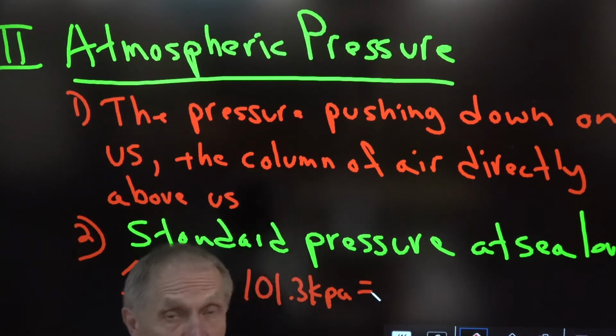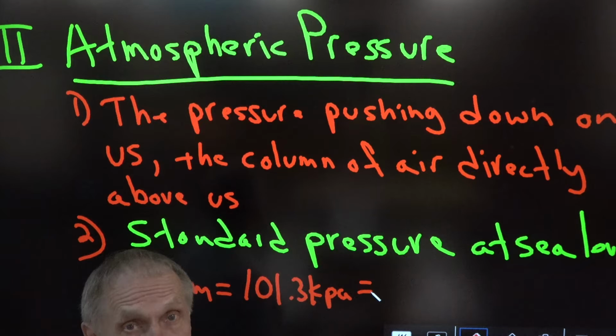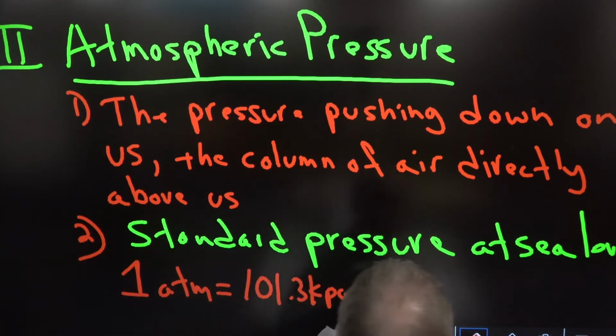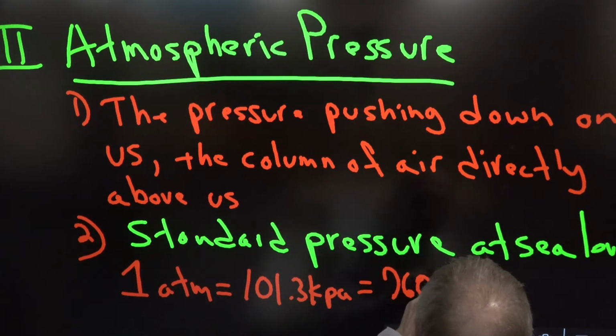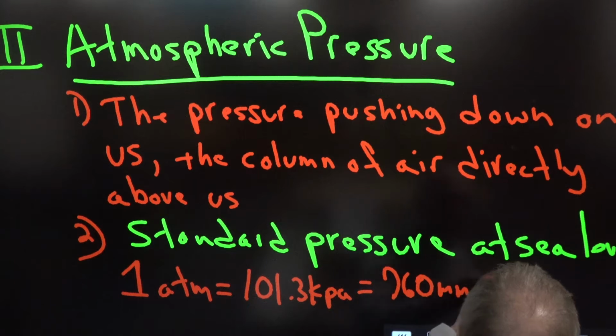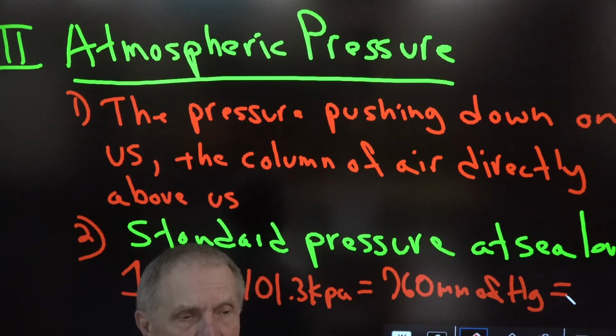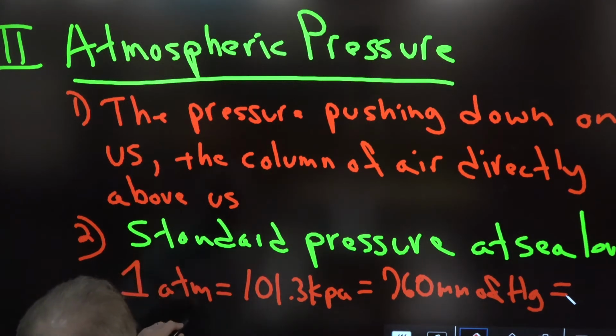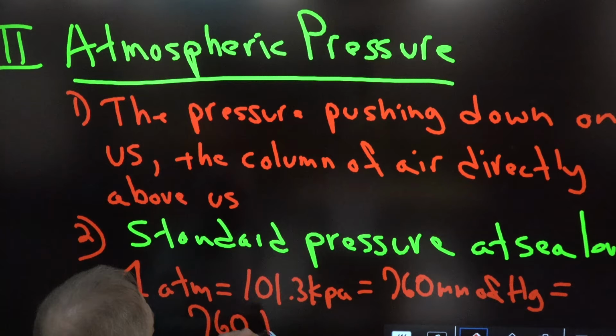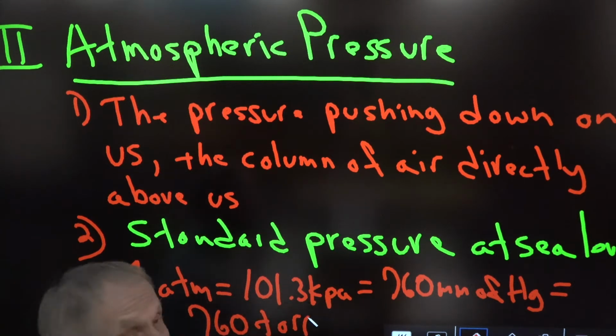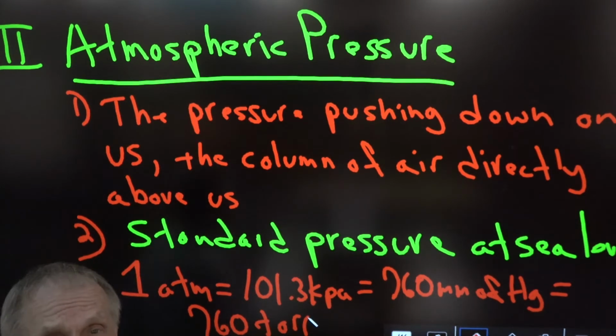My most favorite is 760 millimeters of mercury. But that's so long to say, 760 millimeters of mercury. I like 760 torr. Now, how'd they come up with 760 torr?